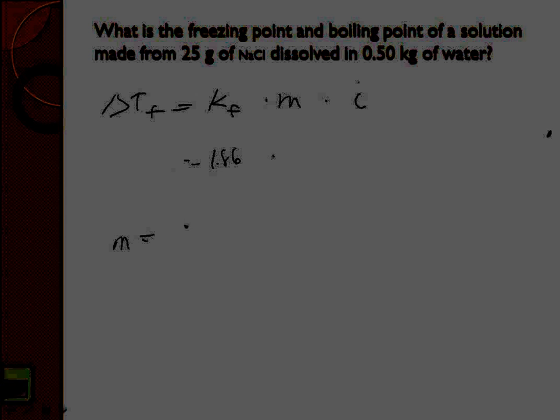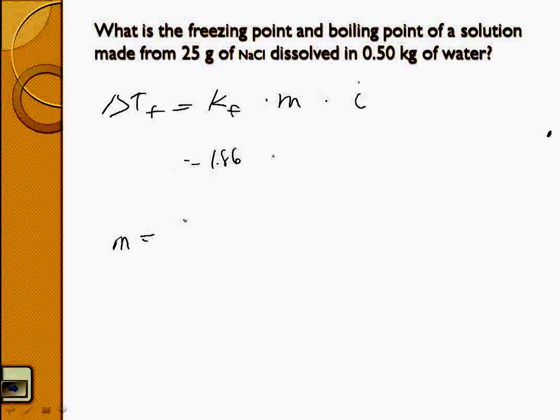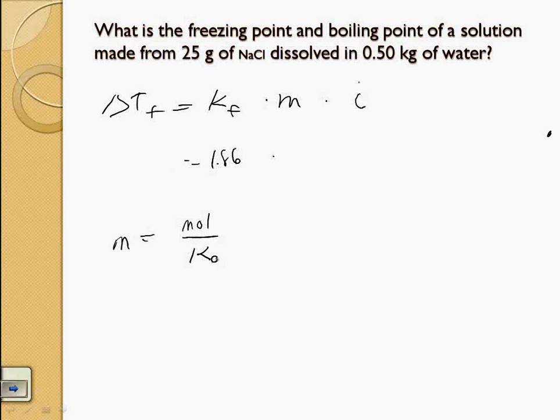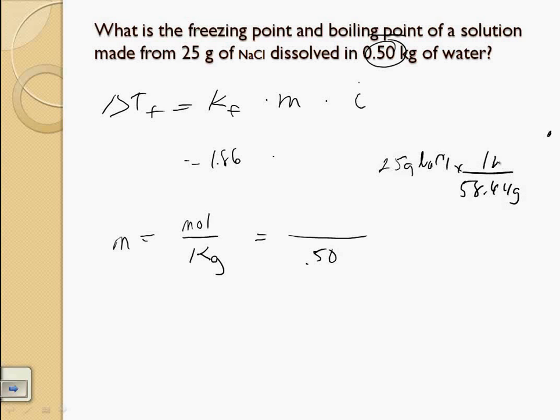Molality is not given to us directly, so we're going to have to calculate it. It's moles over kilograms of solvent. We know kilograms is 0.50. Moles, we've got to figure out: 25 grams of sodium chloride, where each 58.44 grams is 1 mole.